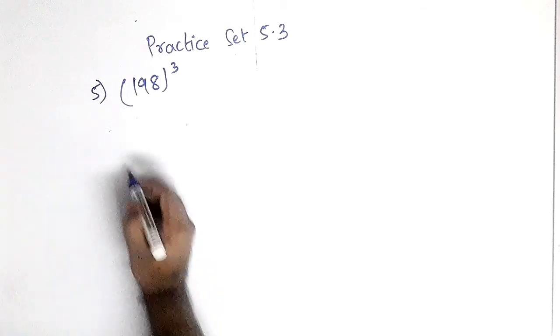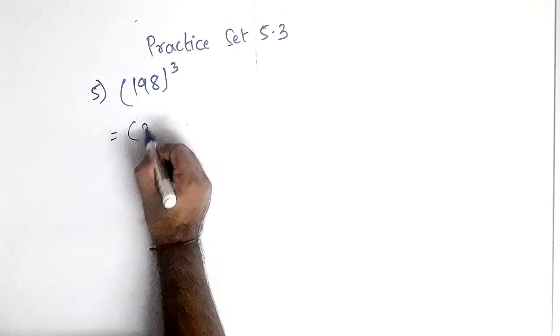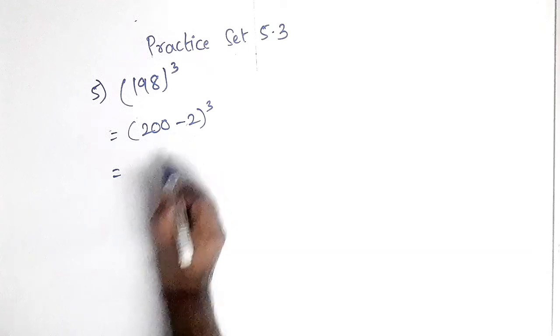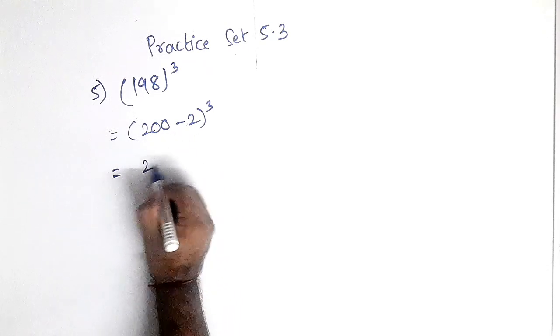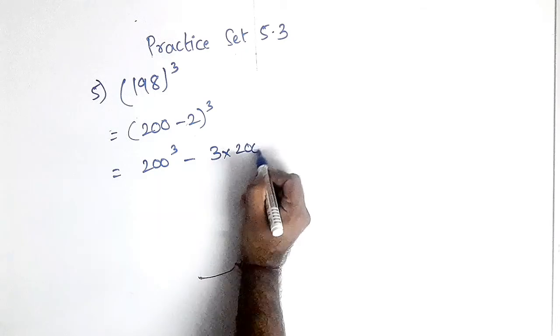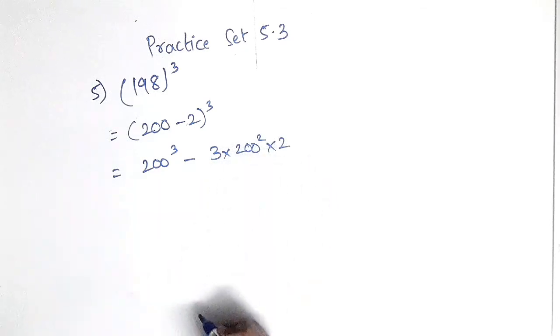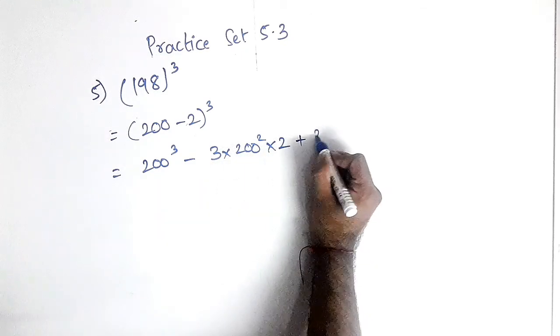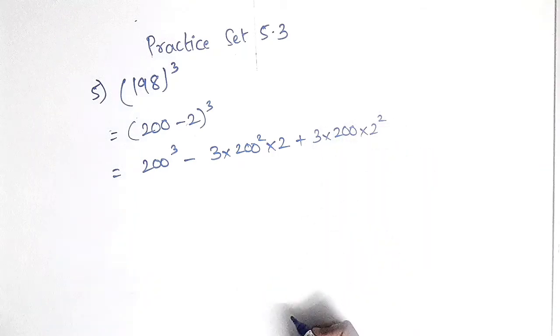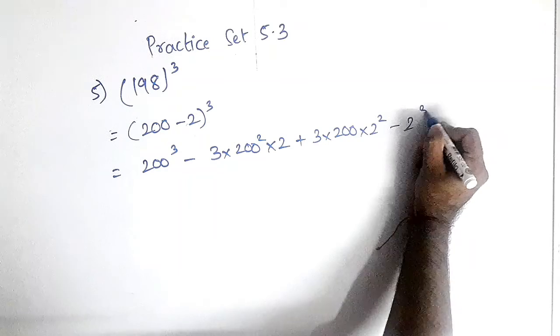So fifth one is 198 the whole cube. I'll write it 200 minus 2. Okay, so this is A, this is B. A cube minus 3 a square b plus 3 a b square, okay, minus b cube.